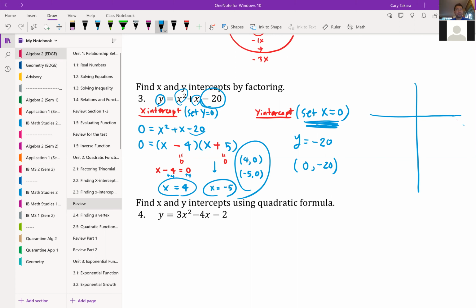What does it look like? It's a rough sketch. It's not going to be accurate, but at least you can use the two x-intercepts and one y-intercept that we've found, right? So I want you to sketch that.